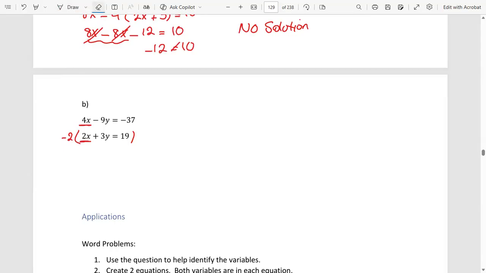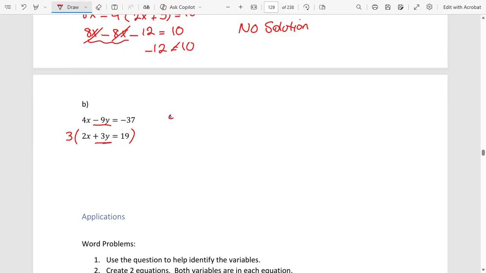But if I want to eliminate y, since I have negative 9y, I should have positive 9y, so I just need to multiply the whole equation by 3, because 3 times 3 gives us positive 9. It doesn't matter. You can eliminate x or you can eliminate y. I want to eliminate y this time.